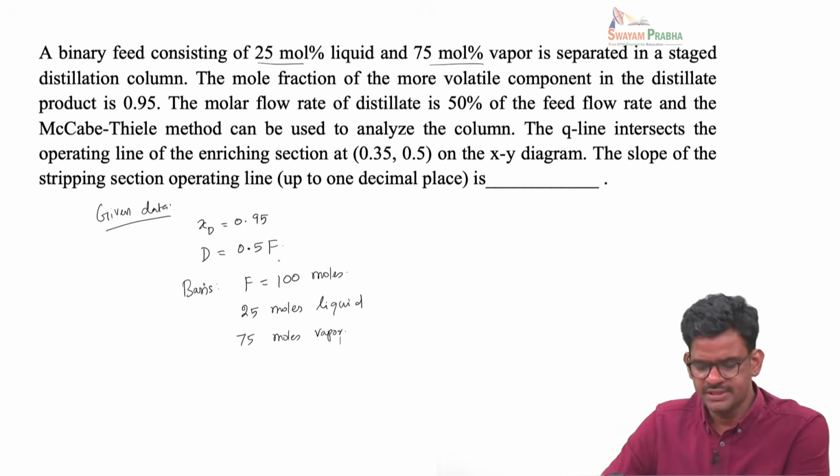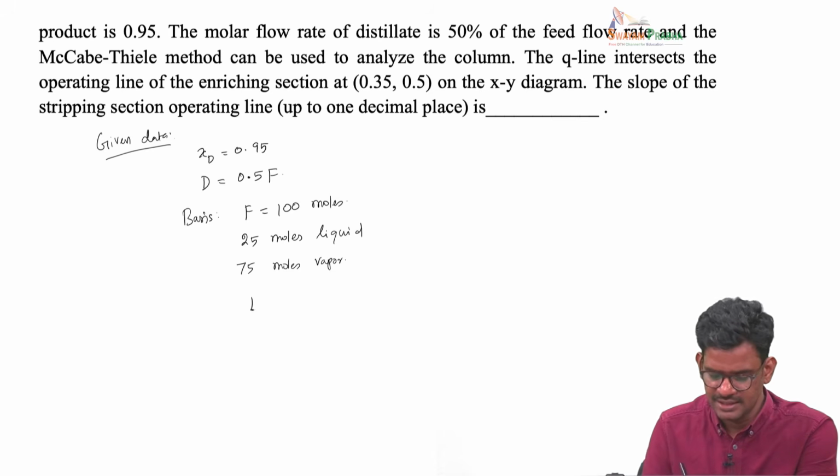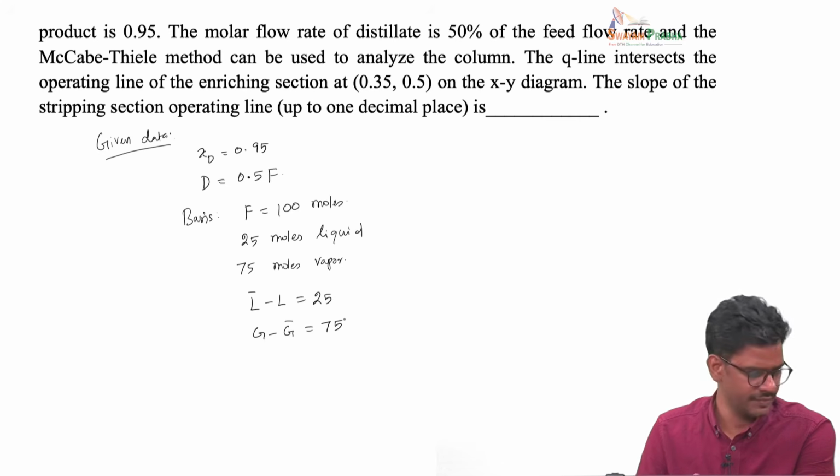So, what this means is that when we introduce the feed, it will increase the liquid flow rate to the extent of 25 moles and the vapor flow rate to the extent of 75 moles. So, this can be written as L bar minus L is equal to 25 moles, and G minus G bar is 75 moles.